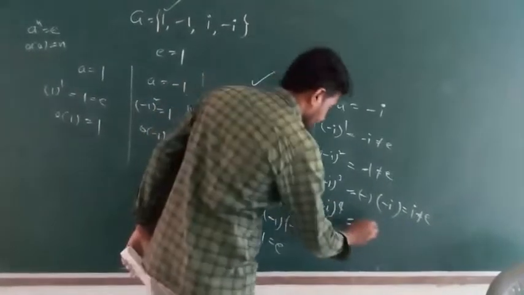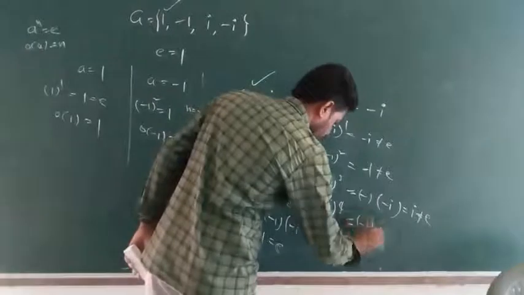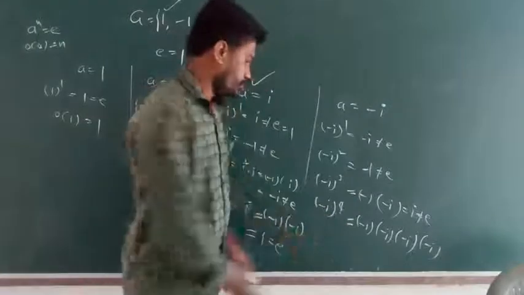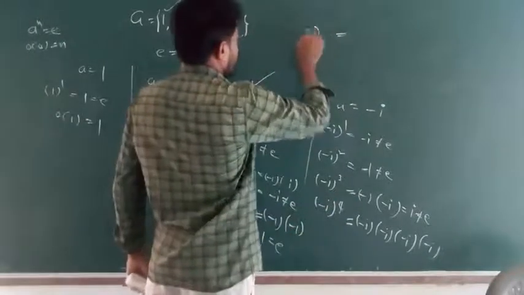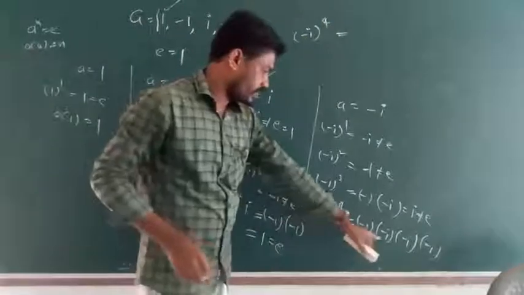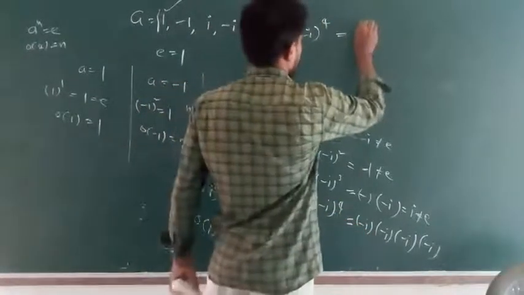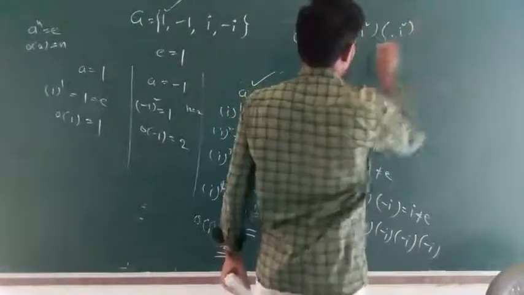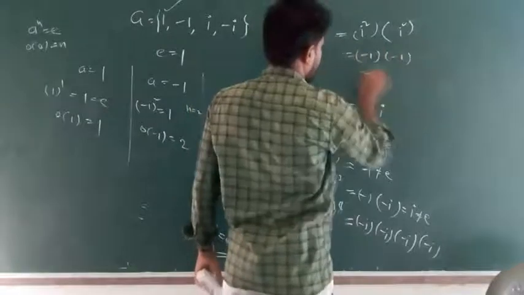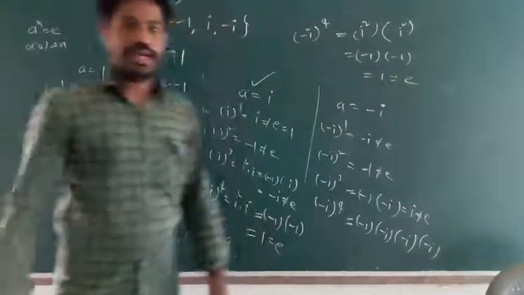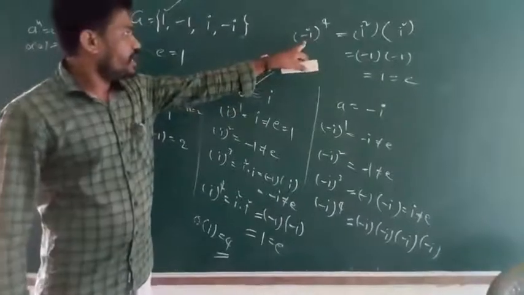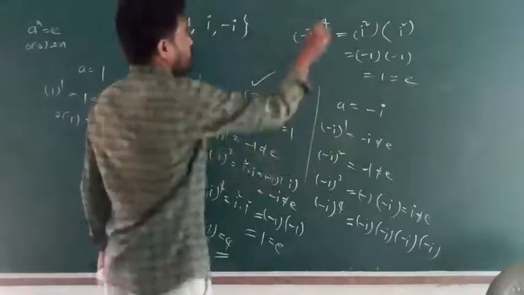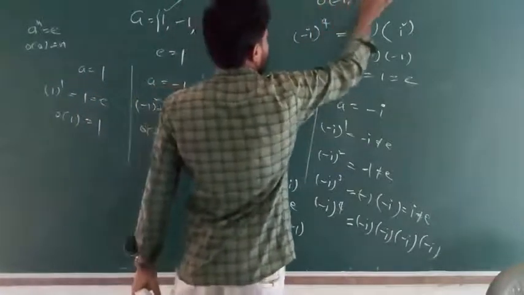So (-i)^4 equals i^4, which is i squared into i squared. I squared means -1, and i squared means -1, so the total is 1. This must be equal to the identity. So for the last element, (-i)^4 is equal to 1. Stop the process. What is the value of n for the element -i? It is 4. So the order of -i is equal to 4.